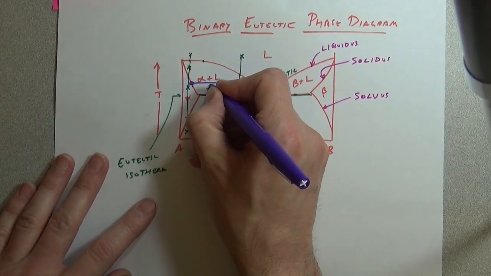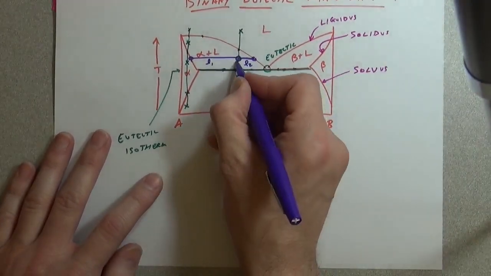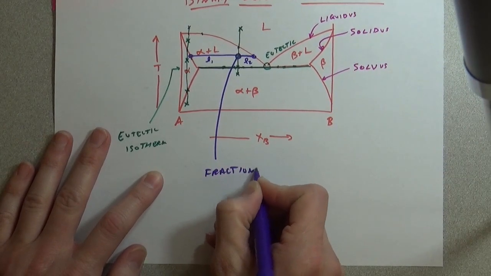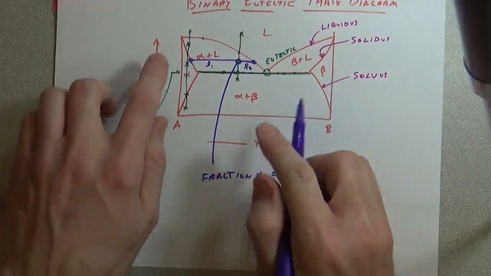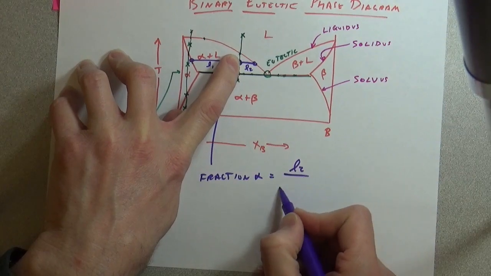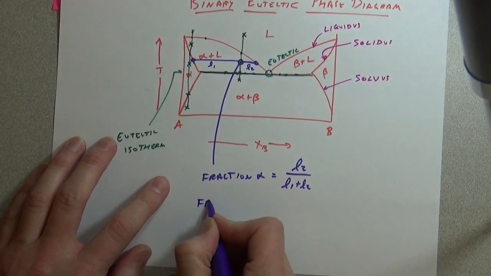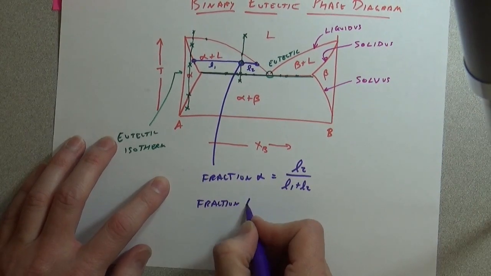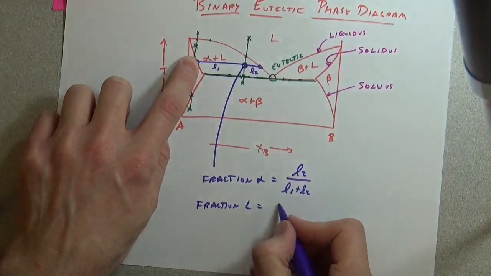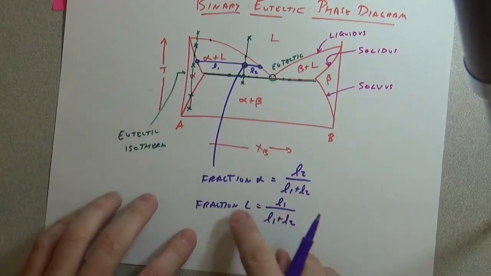So this is going to be L1, L2, and I can say at this point, fraction of alpha is equal to, look, across the alpha there, so it's going to be L2 divided by L1 plus L2, and then the fraction of liquid, well, the liquid's on this side, so I'm going to take L1 and divide it by L1 plus L2, and that gives me the fraction of each.